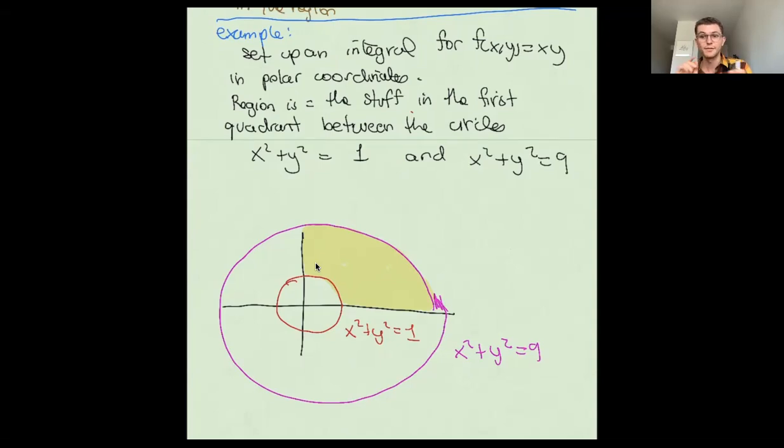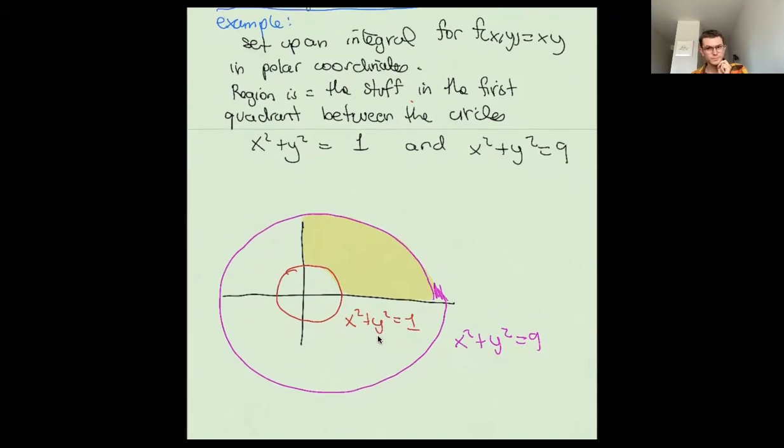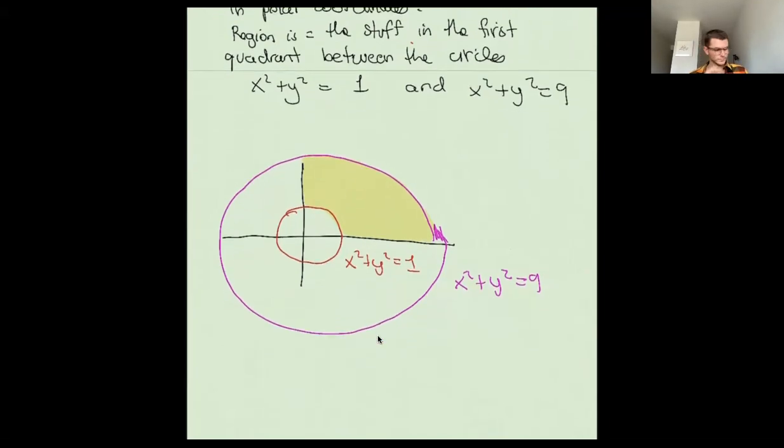The first thing you should do is rewrite the equations in polar coordinates. So how is this equation rewritten in polar coordinates? r sine squared plus r cosine squared is equal to 1. Indeed.